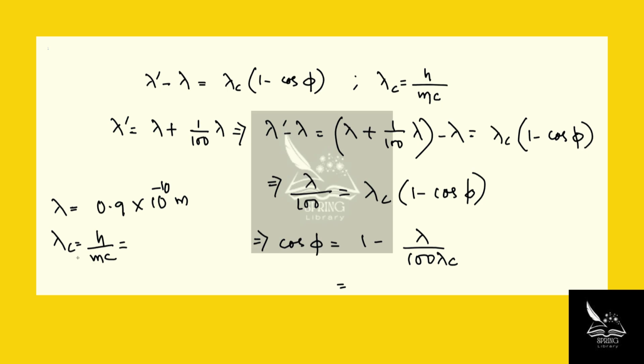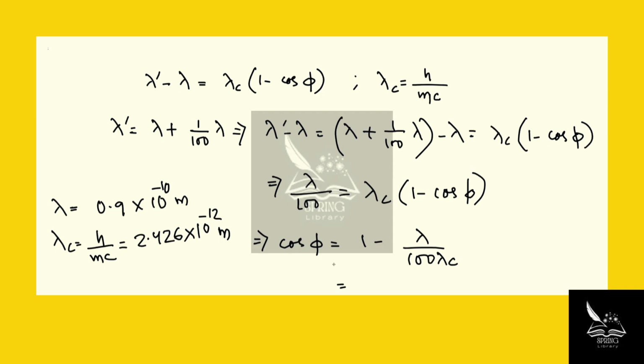I know the value of h over mc, the Compton wavelength, and that is equal to 2.426 times 10 to the power minus 12 meter. So I'm directly substituting this value along with the value of lambda over here.